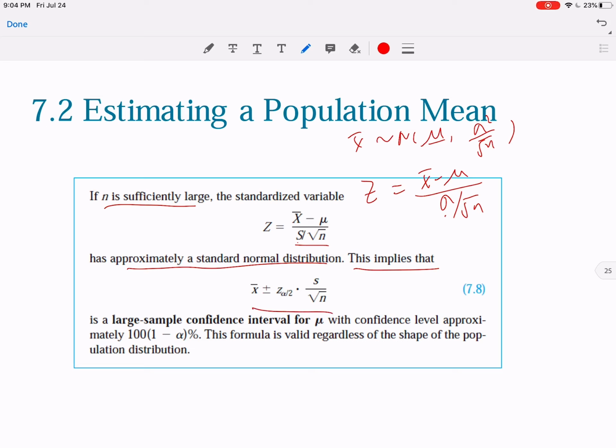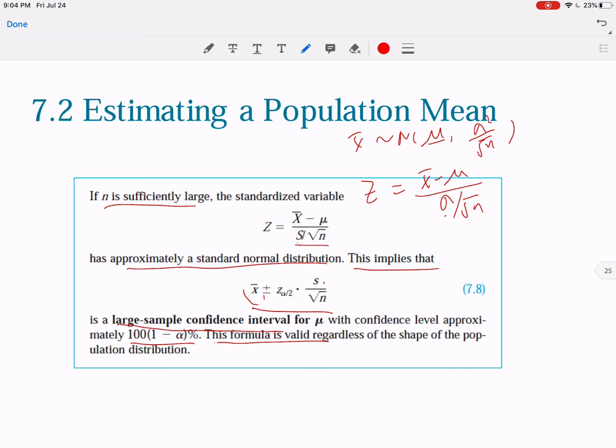So in this case, we use the sample standard deviation on the top instead of the population standard deviation. This is a large sample confidence interval for mu with confidence level approximately 100 times 1 minus alpha percent. This formula is valid regardless of the shape of the population distribution.